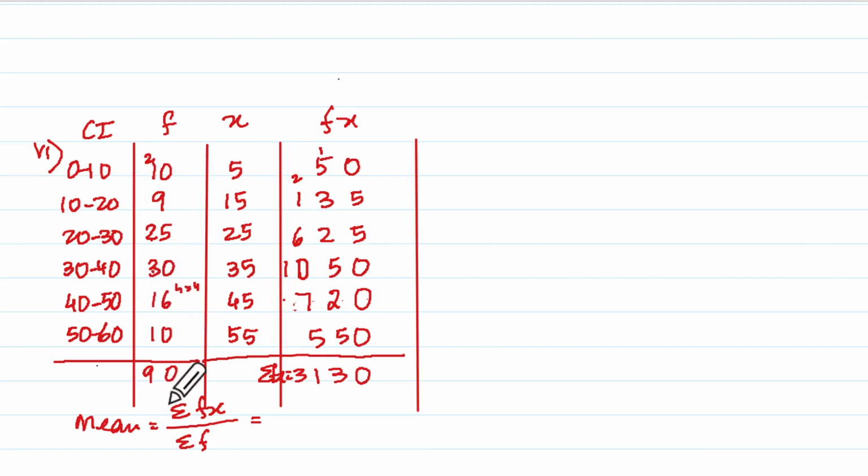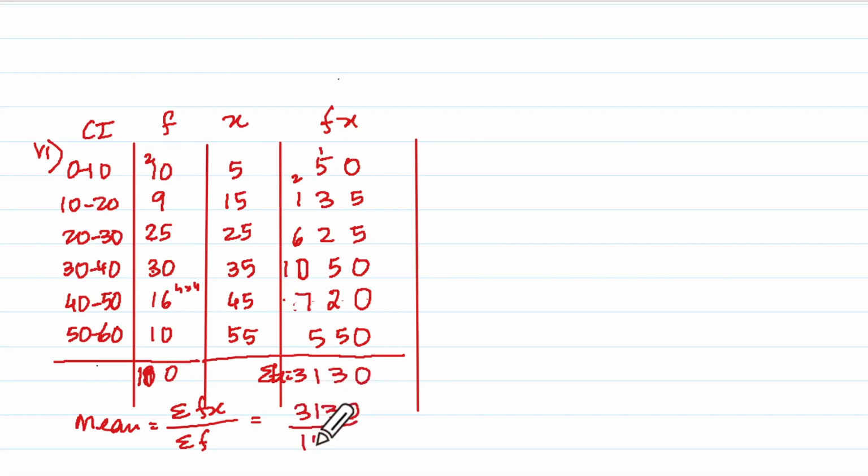Where did I go wrong? This is 9 and 5, 14, 14 and 6 is 20. So carry 2. Oh, I forgot to add this one. 2 and 1, 3, 5. Yes, 100 is correct. I forgot to take this one only.